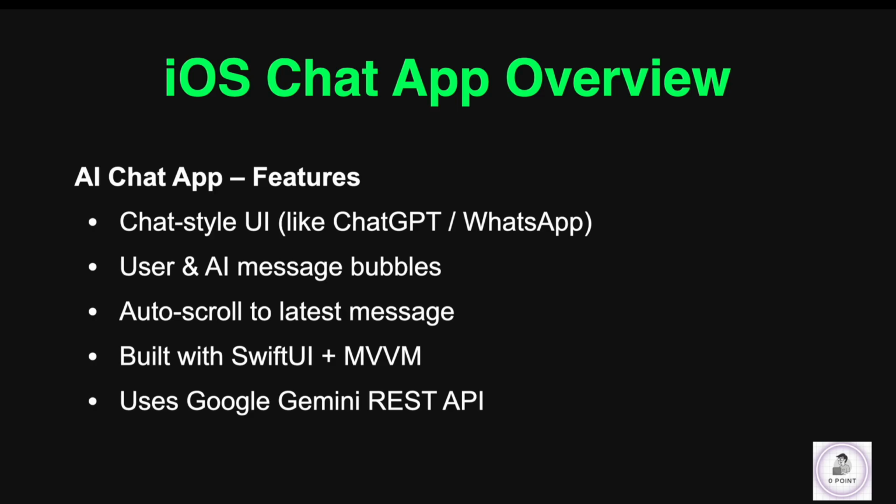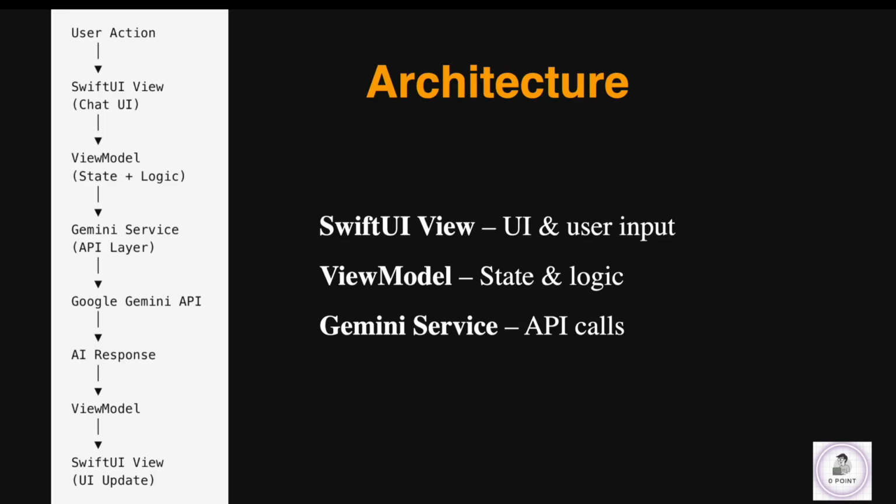So definitely you need to scroll to the bottom. Our application automatically scrolls to the bottom, without any user interaction. We built this application with SwiftUI, following the MVVM architecture. This is the architecture of our application.